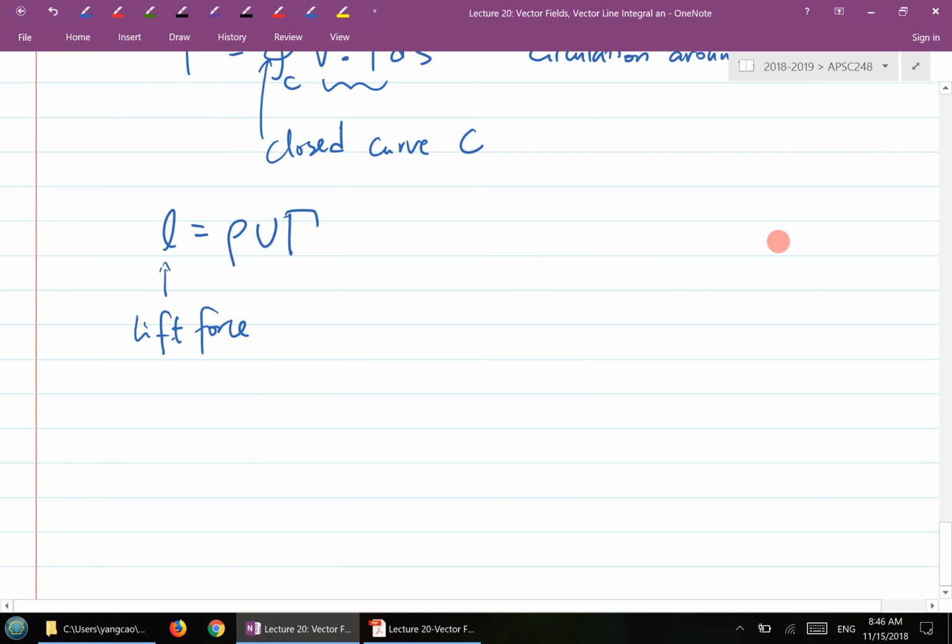So let's look at a couple of examples, and you'll see that computation-wise it is very much like the scalar line integral, except that here what's involved is a vector field. Let's make it a little bit different. I'll use a 3D vector field to calculate the vector line integral.